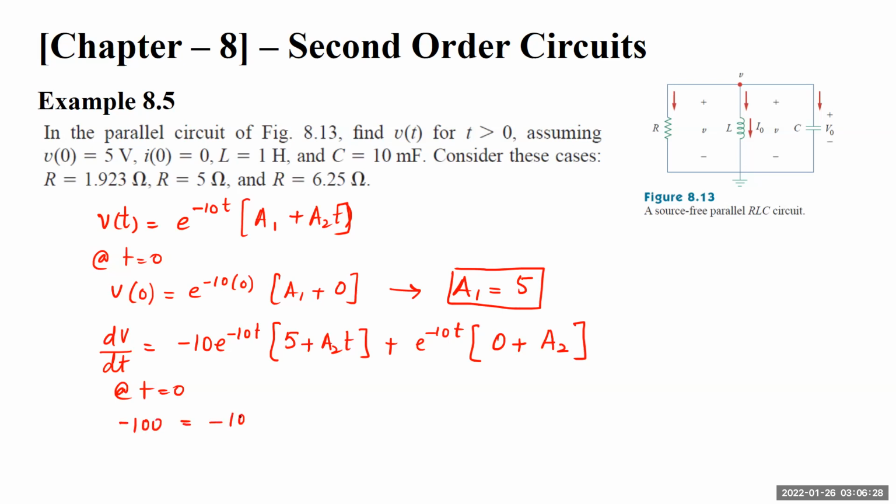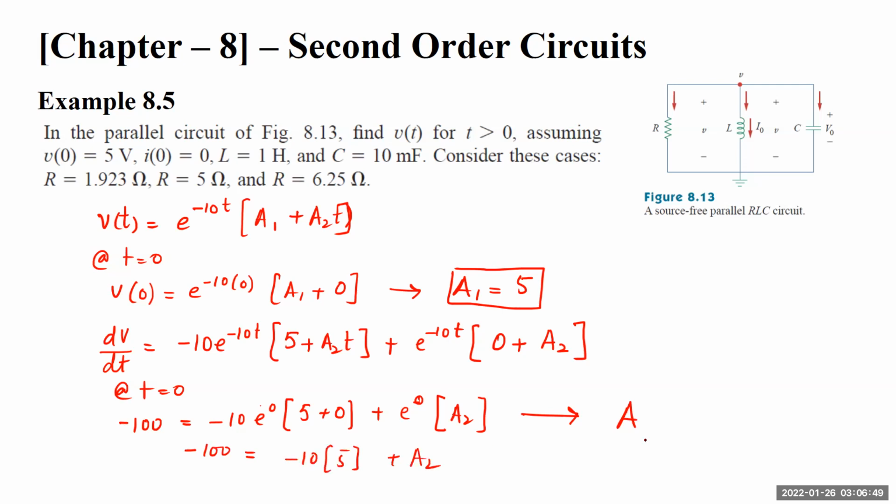So minus 10 e raised to power 0 times (5 plus 0), plus e raised to power 0 into a2. So from here we find the value of a2. This is minus 100 equals minus 10 into 5 plus a2, so a2 will be equal to minus 50. So a1 is 5, a2 is minus 50.